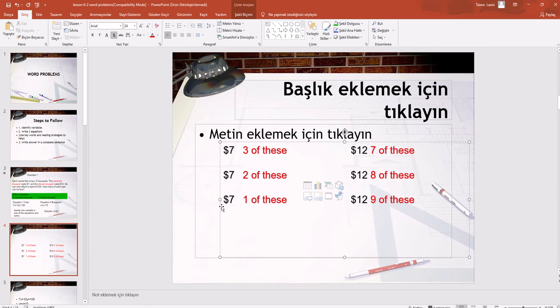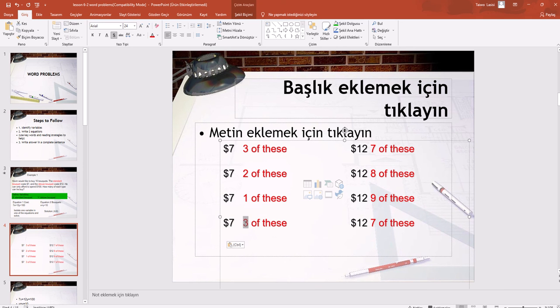These are the cheaper ones, and these are the expensive ones. This product is cheaper, this is more expensive. But in total, I want to buy 10 of them. It's possible that I buy 5 and 5. In total, 10. Do you understand what the 10 is? Who didn't understand? No one? Okay. So in total, I want it to be 10.